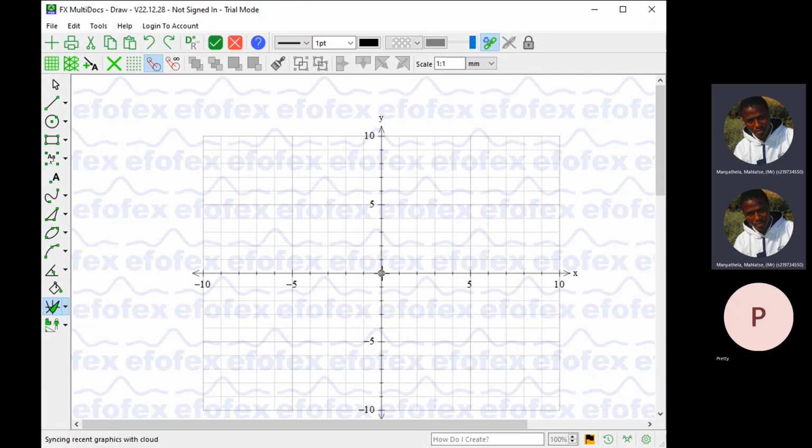Okay, the first point is at 0 and 0. We must have a point somewhere here. And then, let's calculate one extra point. To get this extra point, we're going to let x be equal to 1.